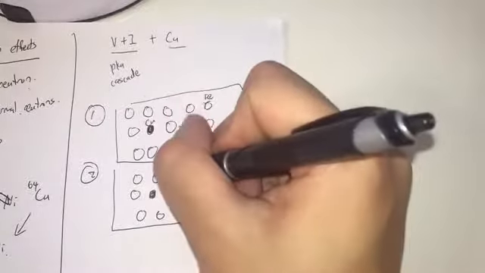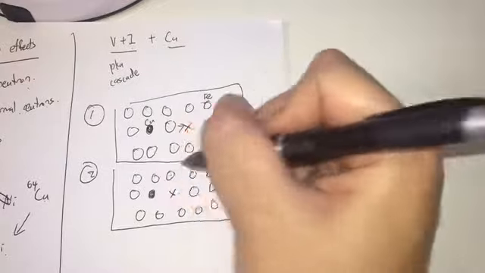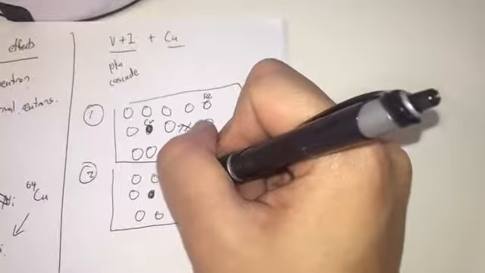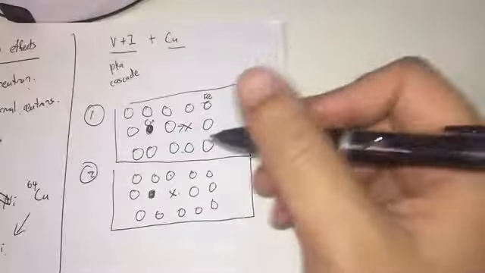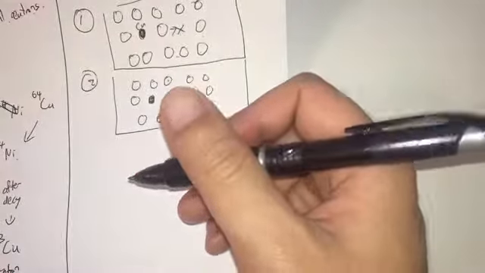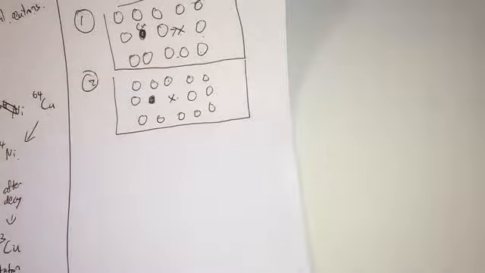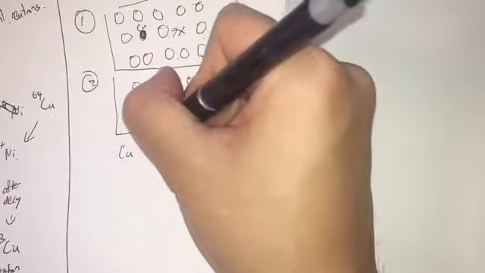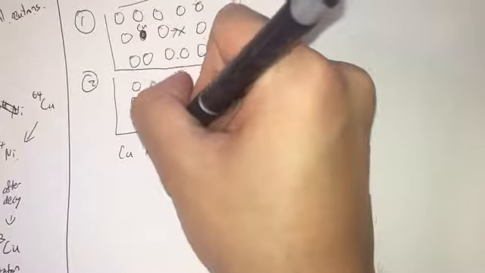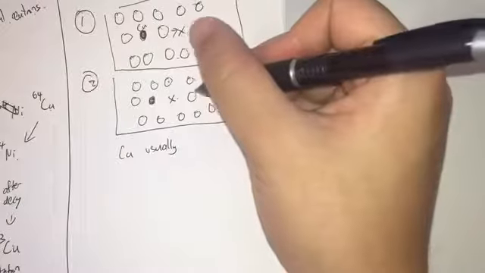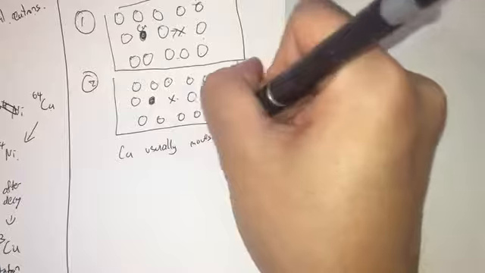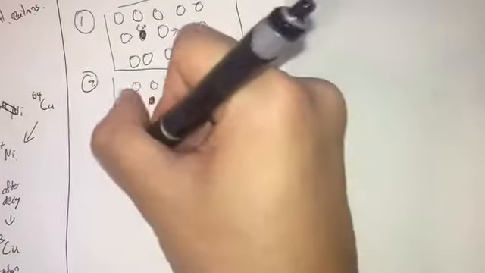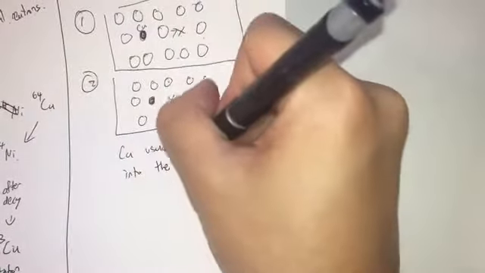However, the rate at which the iron atom diffuses into this vacancy and the rate at which copper diffuses into the vacancy are different. Basically, iron and copper will compete to move towards that vacancy. But usually copper will diffuse faster, or move faster, into the vacancy.